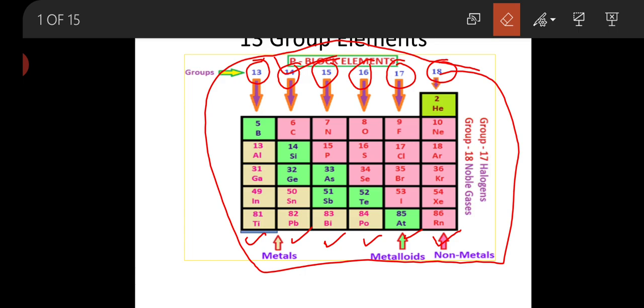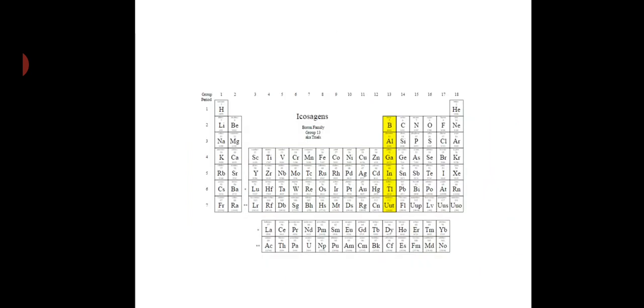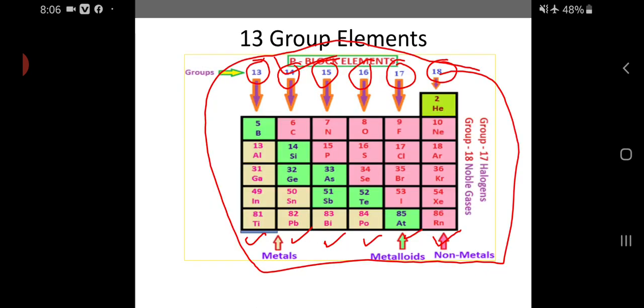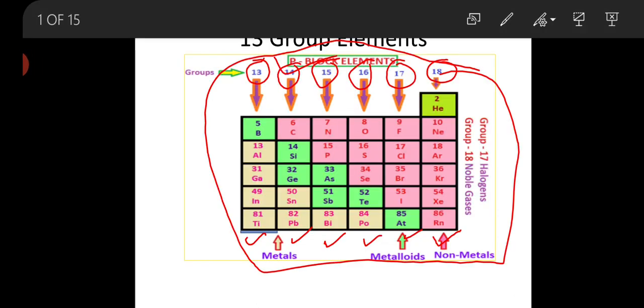Up to this section we already know how the p block elements are classified, mainly into three types: metals, metalloids and non-metals.